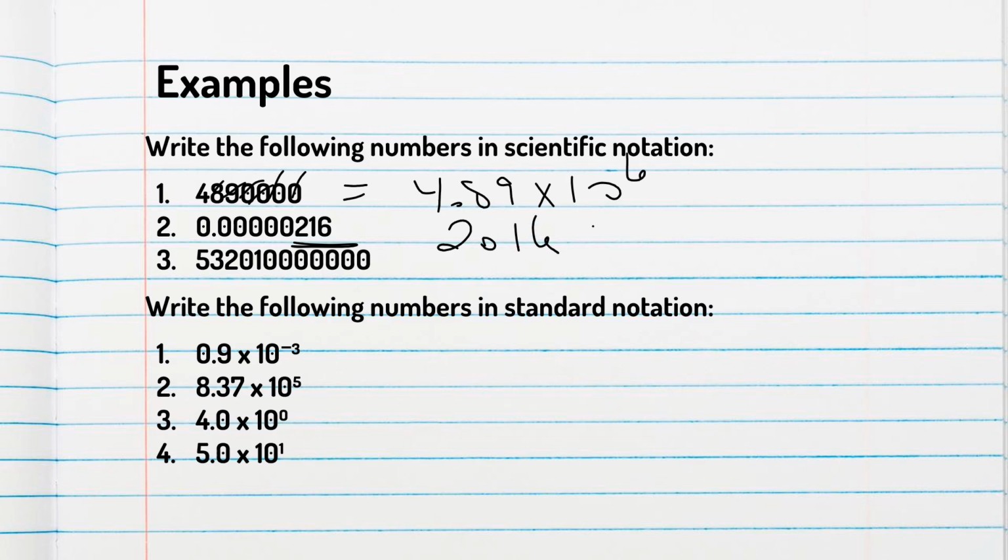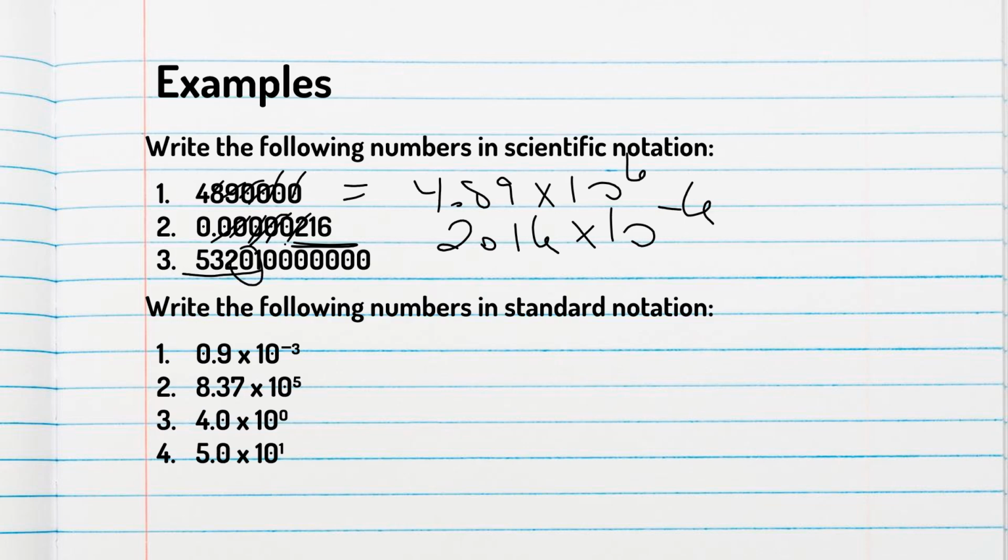Next, 0.16 times 10. I count: 1, 2, 3, 4, 5, 6. Is that number bigger or smaller than 1? Smaller, so negative 6. Here, let's do this last one. These are my significant figures.